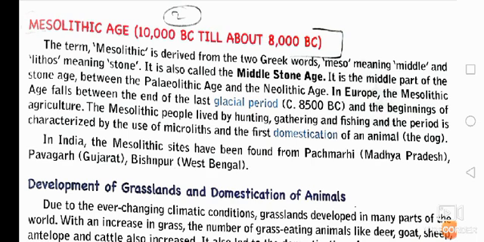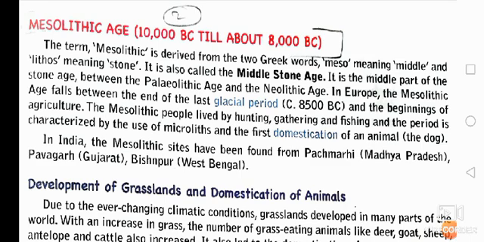In Europe, the Mesolithic Age falls between the end of the last glacial period, which means a period in the Earth's history when polar and mountain ice sheets were extensive across the Earth's surface, and the beginnings of agriculture.